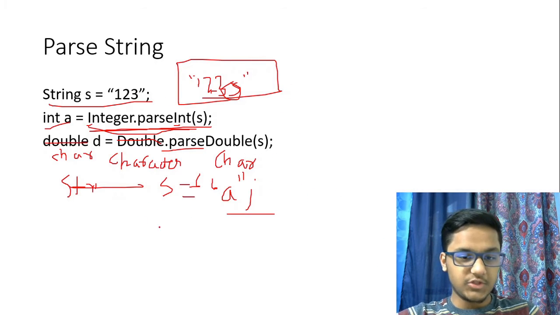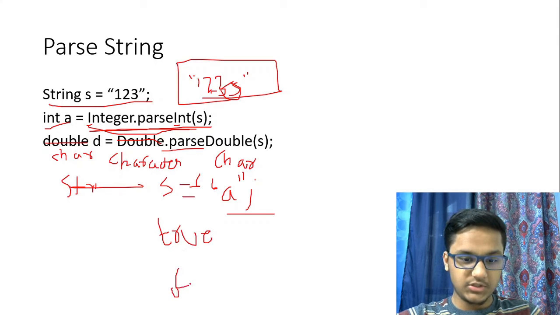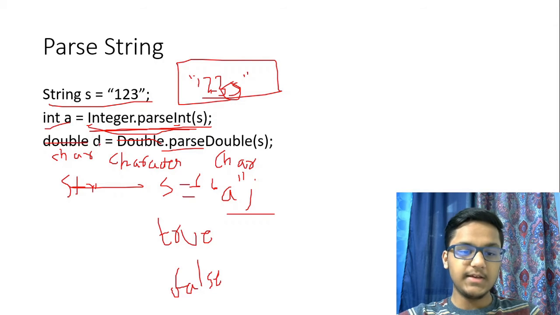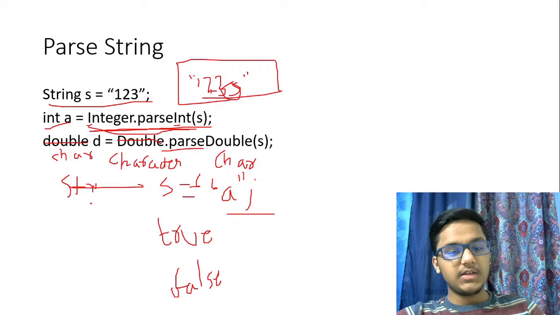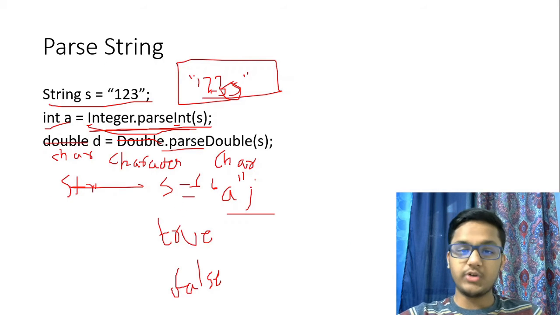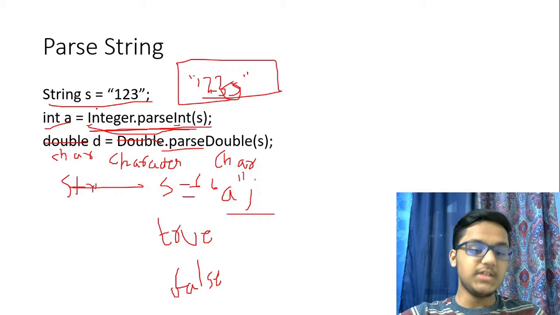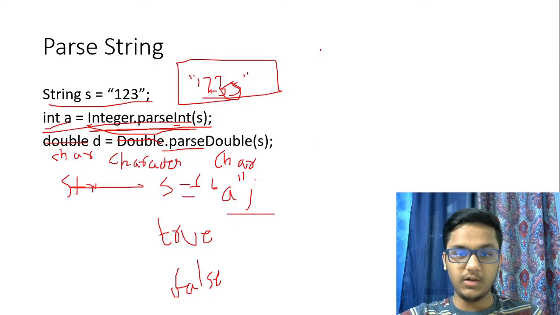And let's say the value of the string is either true or false in string form. We can use boolean b is equal to Boolean.parseBoolean and then s. So this is how you basically convert a string to a primitive data type. This is very useful in many programs, especially this integer, double, float conversion.